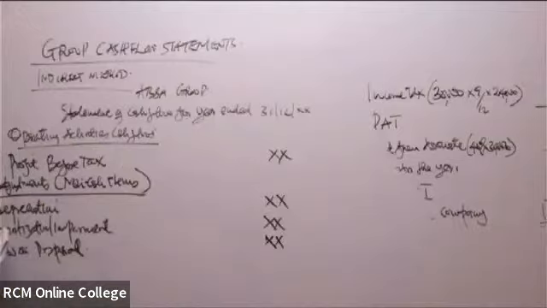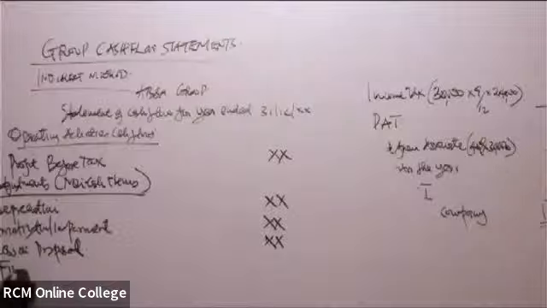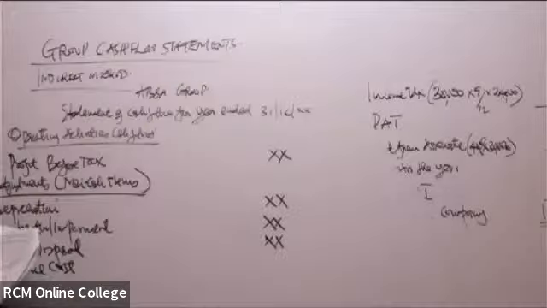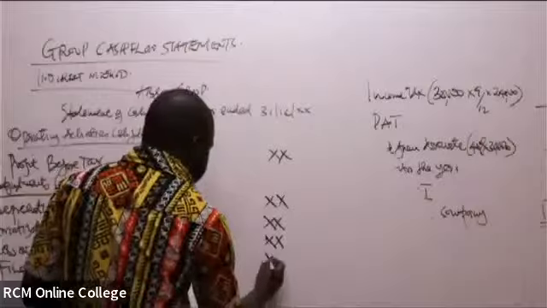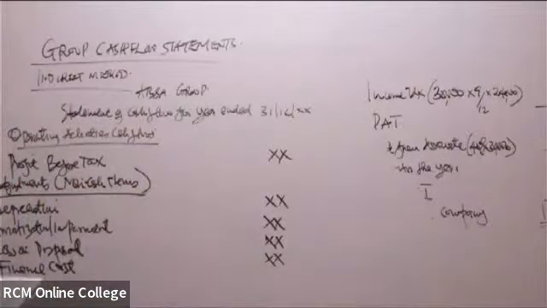Then finance costs. You'll have to consider finance cost, and you'll add the finance cost there. Then we have gain on disposals.